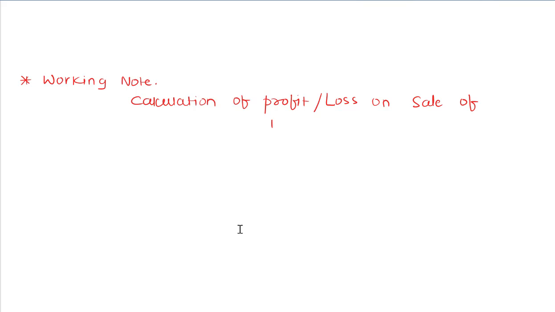Leave some space, like half a page, and write working note. Calculation of profit or loss on sale of machinery.